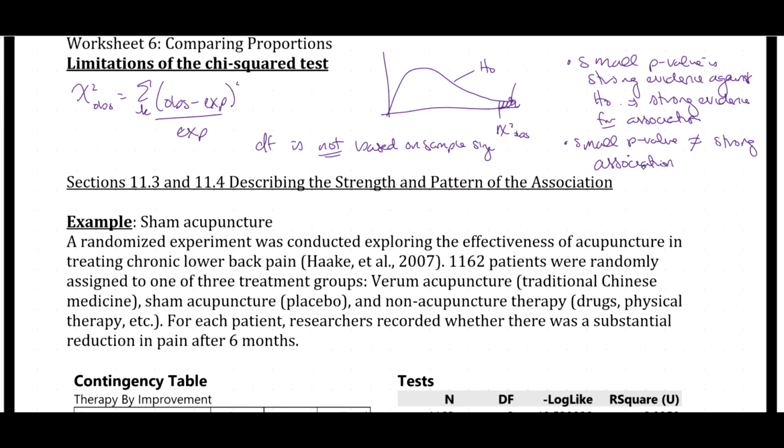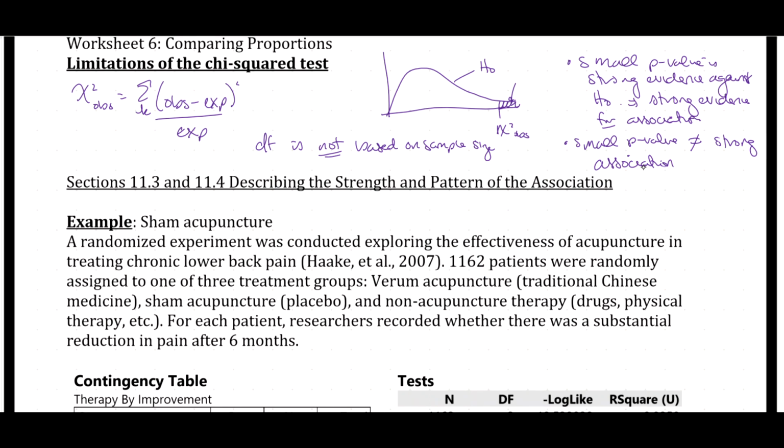The same thing is true here. We can get a change in our categorical explanatory variable and still have maybe only a small change in our proportion. So that would be a pretty small association, a weak association. So a small p-value just means that we have strong evidence of an effect, strong evidence that a change is occurring.